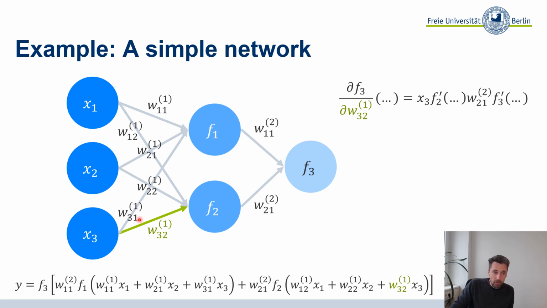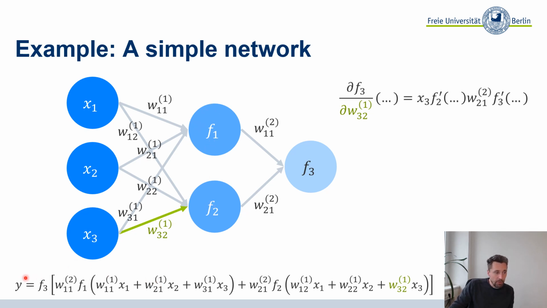Since W32 does not connect to f1, the only way it can affect f3 is through f2. We expect that our gradient looks such that there's no f1.